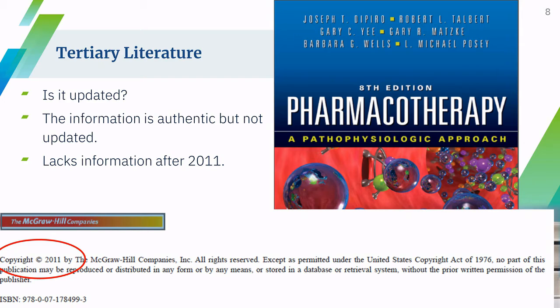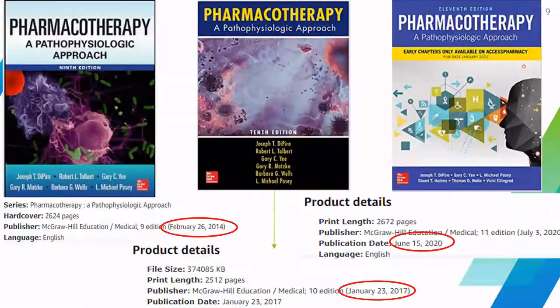It lacks the information about atopic dermatitis that has been generated after 2011. The basic information and well-established facts about therapy of atopic dermatitis remain the same, but you would not get updated information. As of today's date, there is approximately a 9-year gap in information.